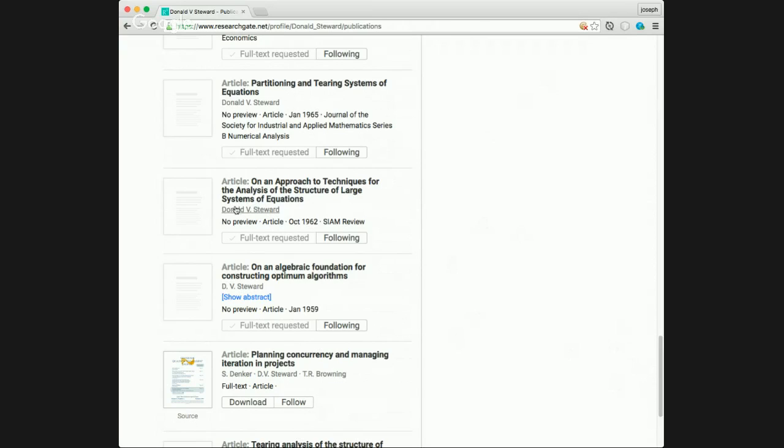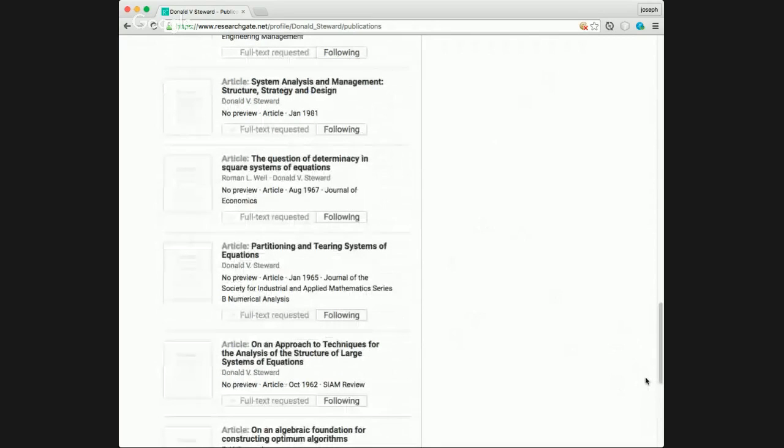1962, on an approach technique for the analysis of structure of large systems of equations. And then 65, partitioning and tearing systems of equations. So here, what we have now is Stewart is focusing on the solution of systems of equations.